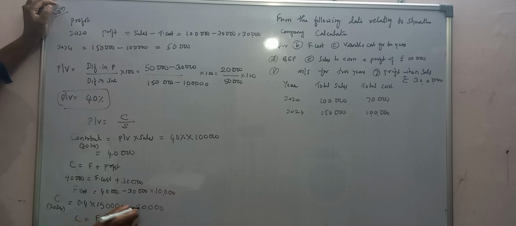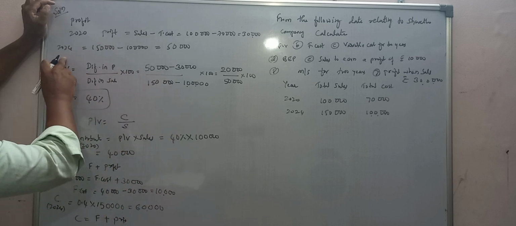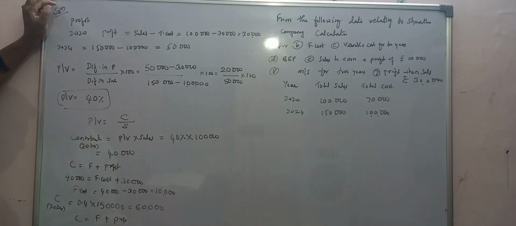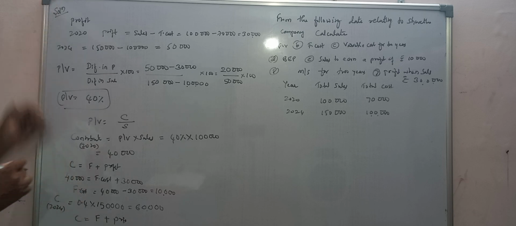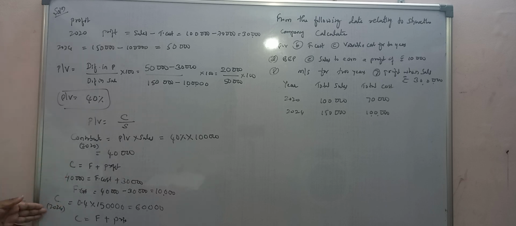Now I got C of rupees 60,000. We don't know fixed cost. Profit I know for 2024, that is 50,000. So 60 minus 50 becomes what? Again I am getting fixed cost of rupees 10,000. Correct, right? Whichever you can use, either 2020 or 2024.